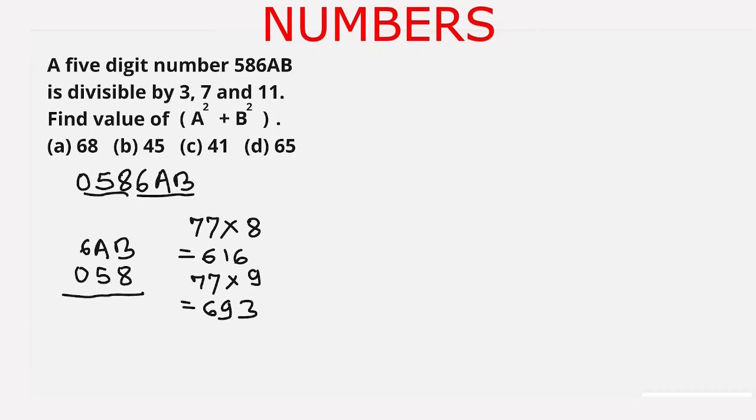If we use 693, then 693 plus 58 will be more than 700, while the number is 6AB, which is 600 plus something. So we use 616. 616 plus 58 will not be above 700. It will be less than 700. So that will serve our purpose.